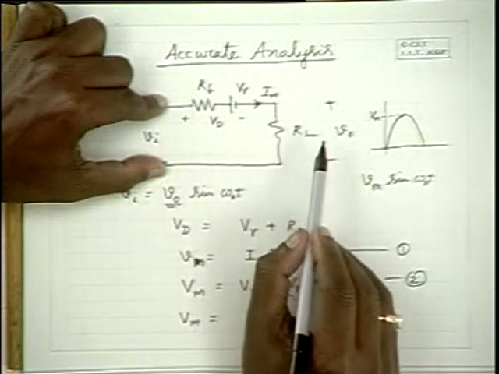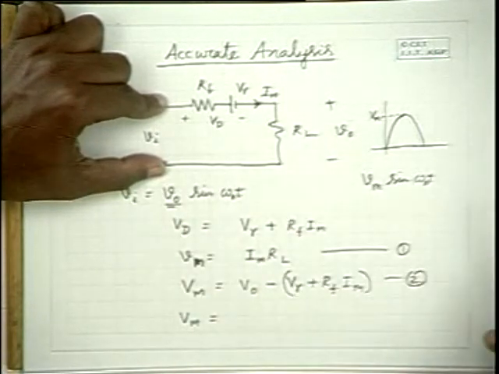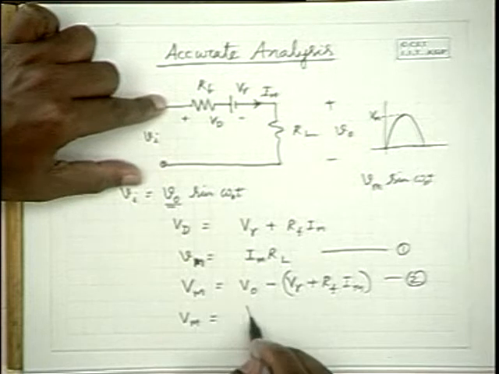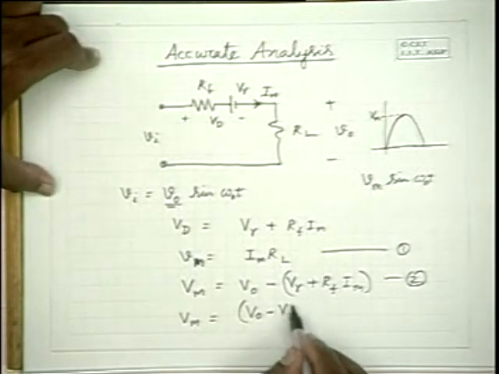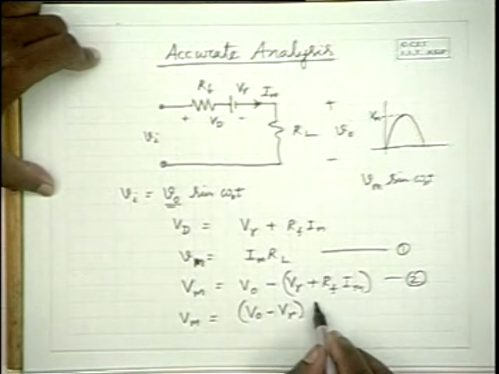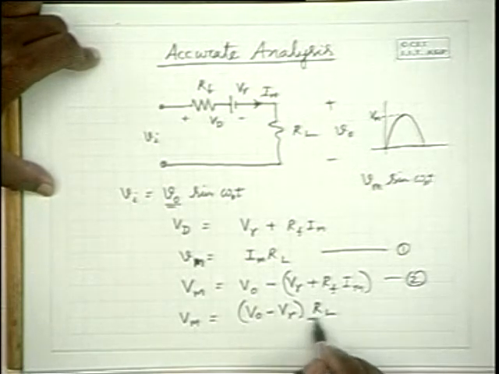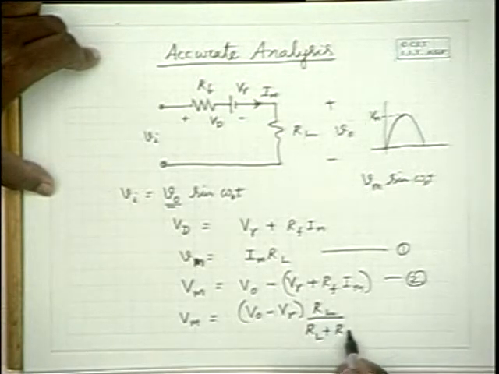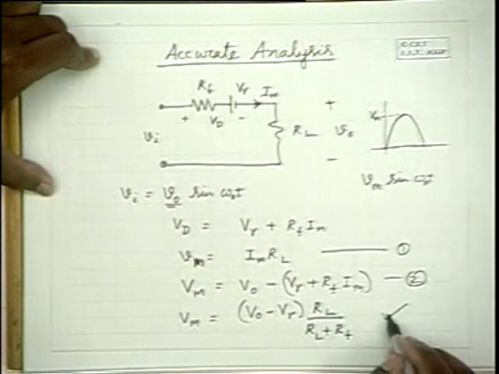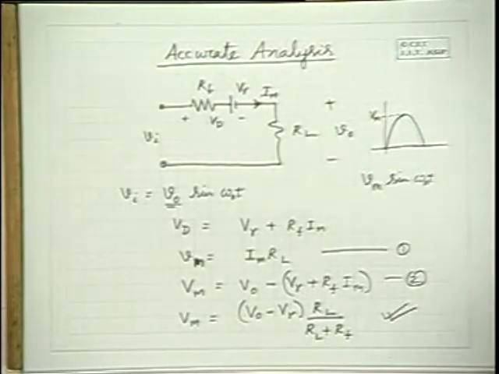Whatever appears across RL is the output. So therefore the voltage drop across RL is RL upon RL plus RF times V0 minus V gamma. So this is the result. This is Vm, the peak value of the output voltage.